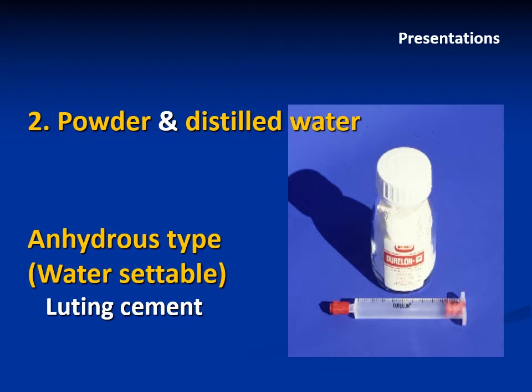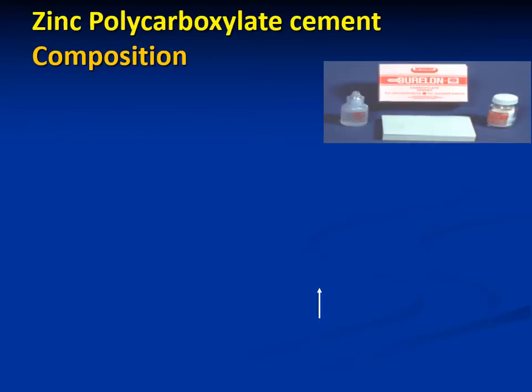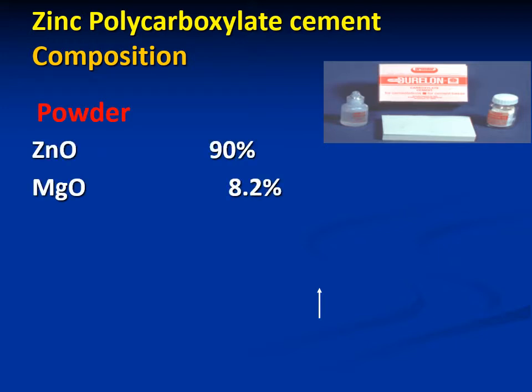It is mainly used for luting indirect restorations because this gives a longer working time and keeps the acid in its powder form. The composition of polycarboxylate cement: the powder is composed of zinc oxide, the main component, magnesium oxide, silicon oxide, and bismuth oxide.